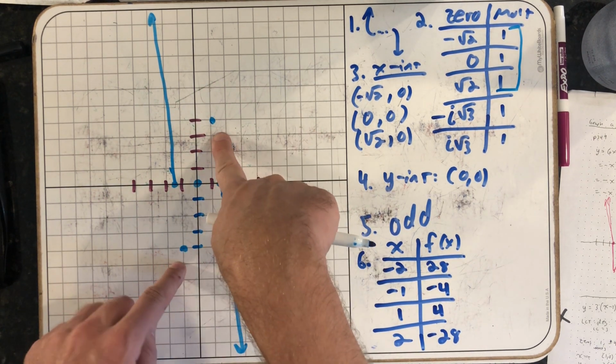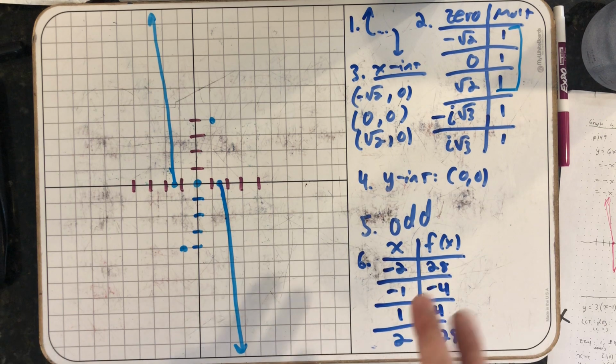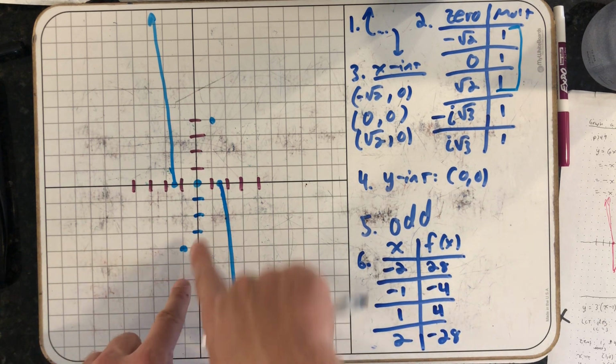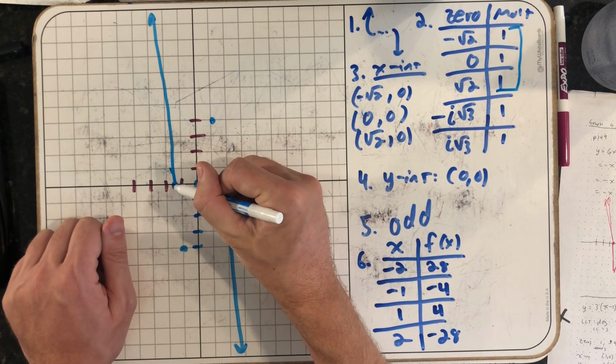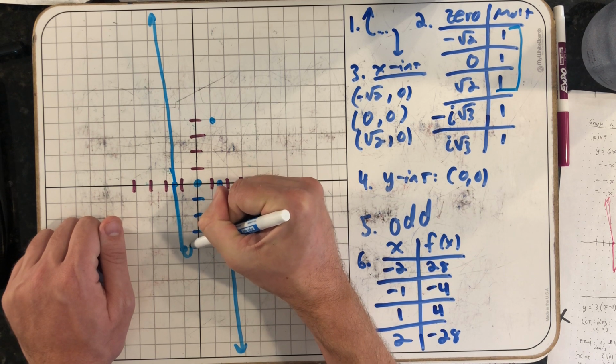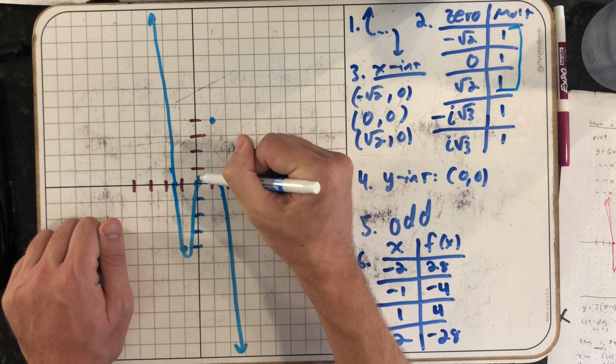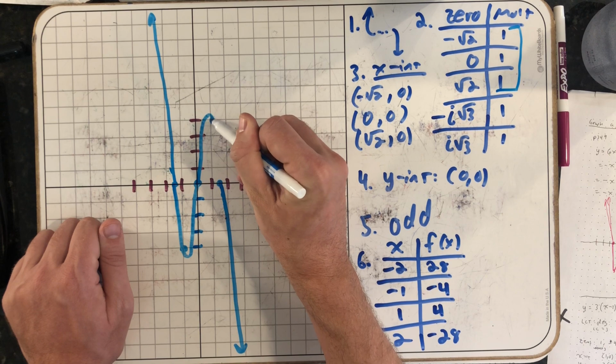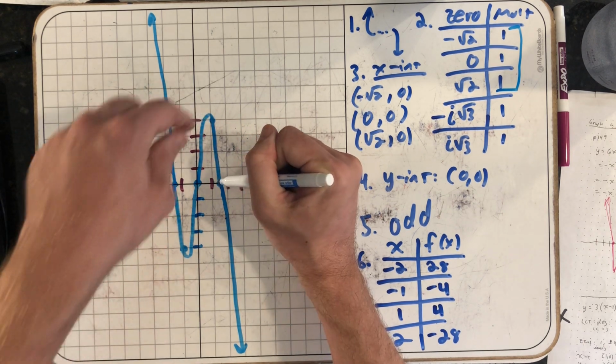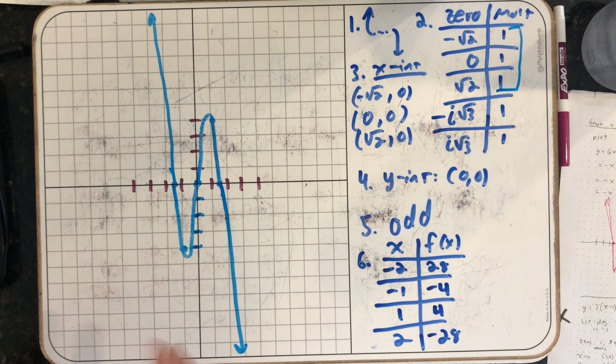What I don't know for sure is whether those are minimums or maximums, right? It might go a little bit past that and turn. I'm just going to go a little bit past and then turn around just to emphasize the point that I don't know whether that's the lowest point or the highest point. You'll actually learn how to do that in a calculus course.